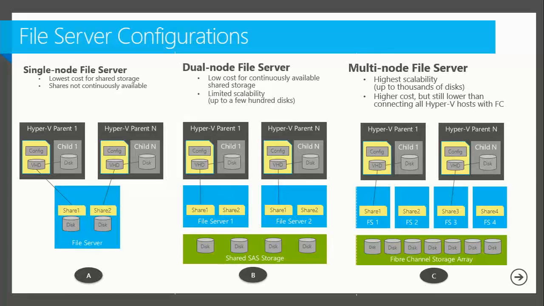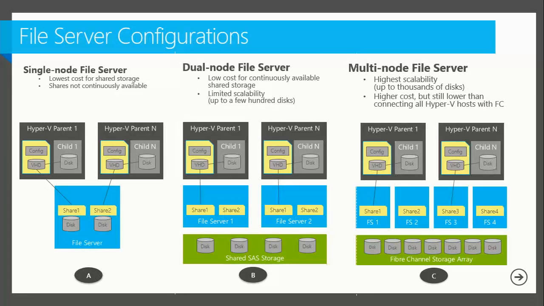First one, option A here in the slide, is just a standalone file server. So, Jose, you mean I can actually get a few Hyper-V hosts and store my data in a standalone file server? Yes, we do not recommend that. Why is that? Because if you remember what I initially talked about, this is all about availability.